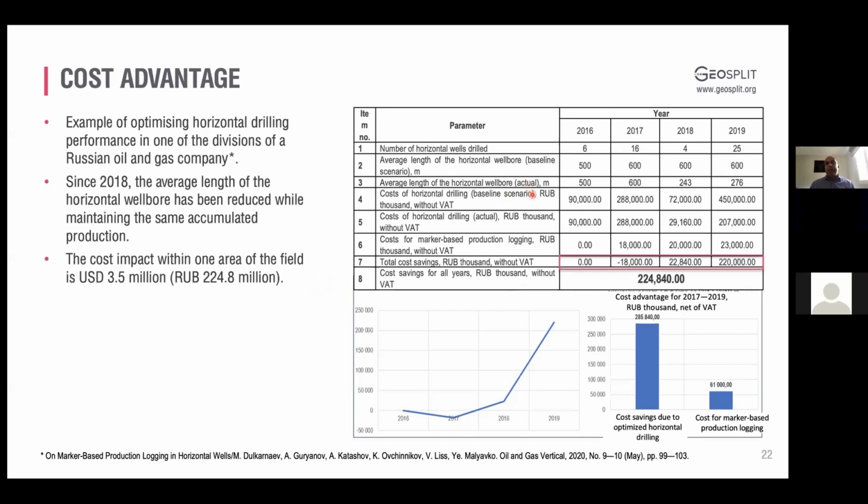Early in the field development, the client adopted the use of inflow tracers back in 2017, and ultimately within 4 years, just by using the inflow profiling, the client started reducing the horizontal section while maintaining the production and basically reducing the capex cost in the field, which totaled 3.5 million in this case, which was a substantial cost reduction.